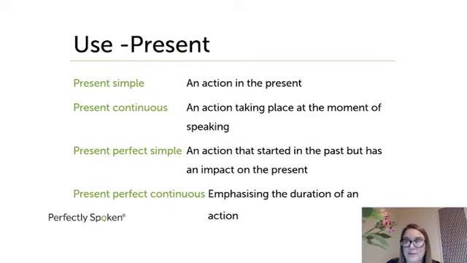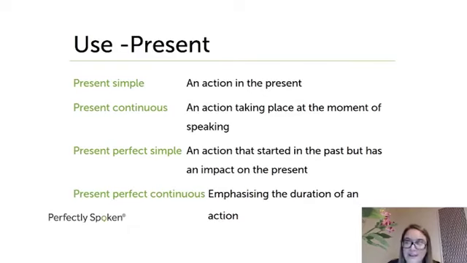Okay, so present simple is an action taking place in the present. Present continuous, an action taking place at the moment of speaking. So I am talking to you, you are listening to me, I am teaching and you are learning. It's happening now.